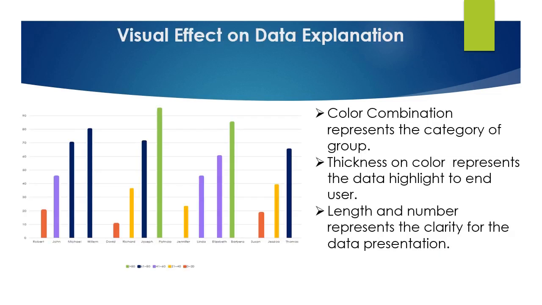Now we can go for the third statement, where the length and the number represent the clarity of the data presentation. Yes, of course, we have to be very clear when we present the data. Let's say, for example, if you concentrate all the lines with the data, it won't be clear for presentation, because the person who tries to see and get information will be lacking what information is being presented.